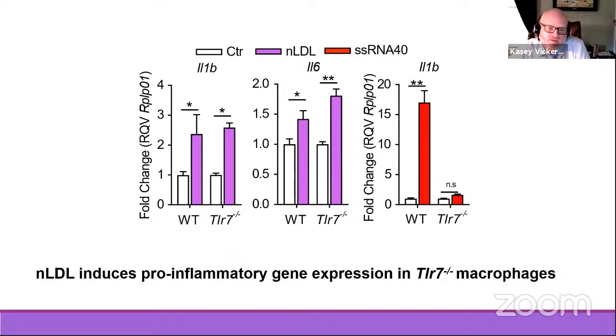But we took macrophages out of the TLR7 knockout mice, and native LDL was able to induce IL-1 beta and IL-6 in those macrophages. However, those macrophages are not sensitive to the single-stranded RNA sequence that we're using as a positive control. So potentially there are other small RNA sequences that might be present on LDL that are driving this in the mouse.